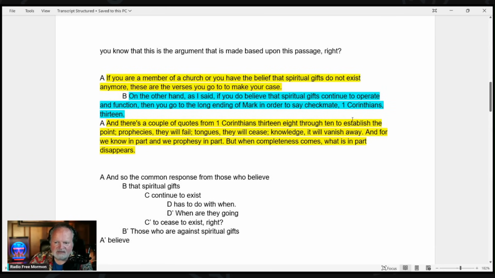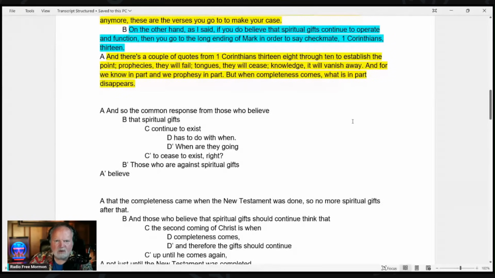And now, once again, without losing any words, we go into another chiastic structure in my transcript. A, and so the common response from those who believe, B, that spiritual gifts, C, continue to exist, D, has to do with when. Sub D, when are they going, sub C, to cease to exist, right?